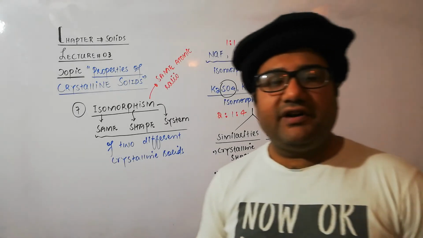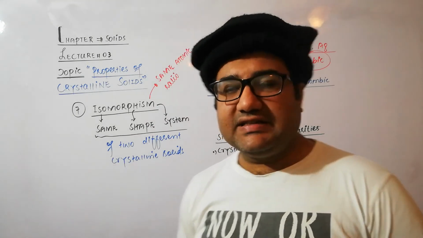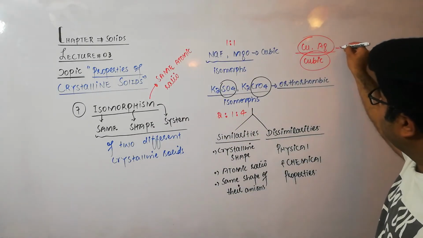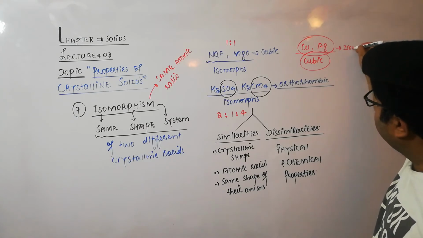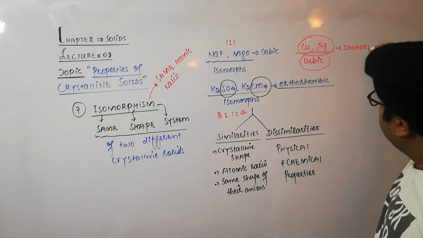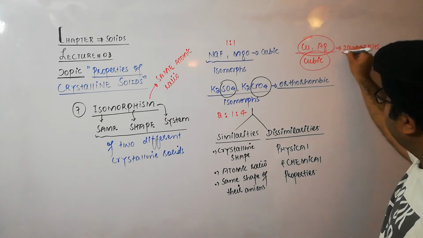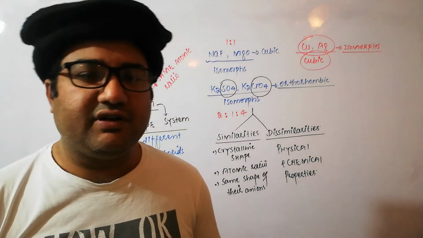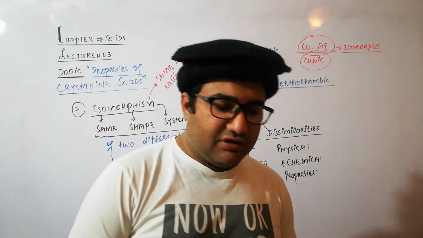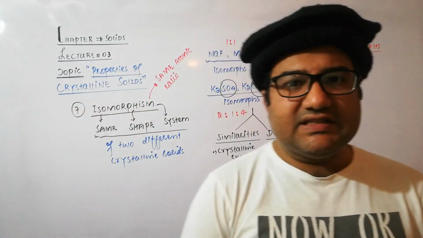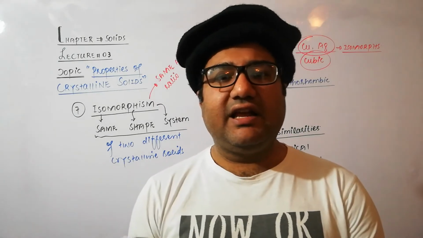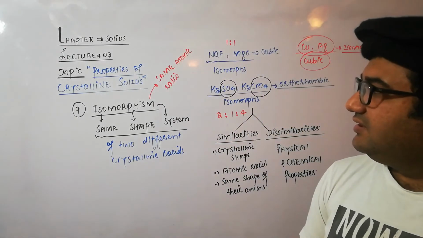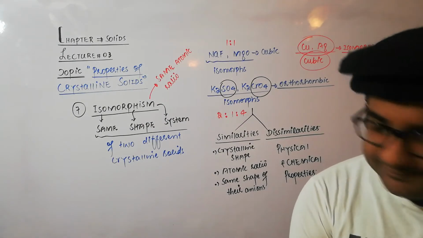So these are two different elements, but their crystalline shape is the same, and they will also be called isomorphs of each other. They will have different physical and chemical properties, but their crystalline shape will be the same. This was the 7th property of the crystalline solid.